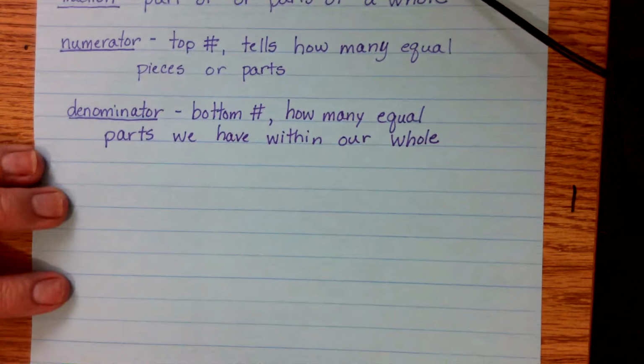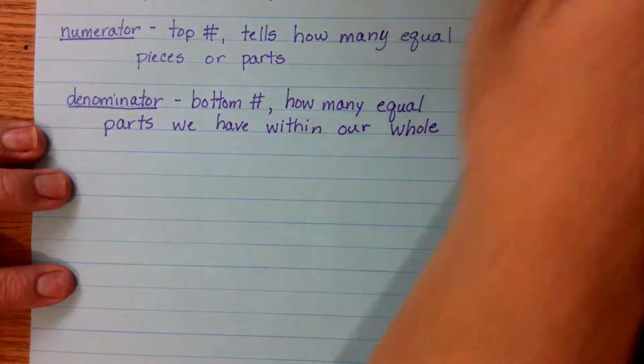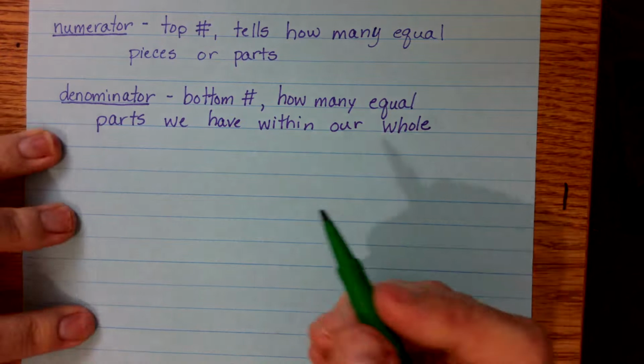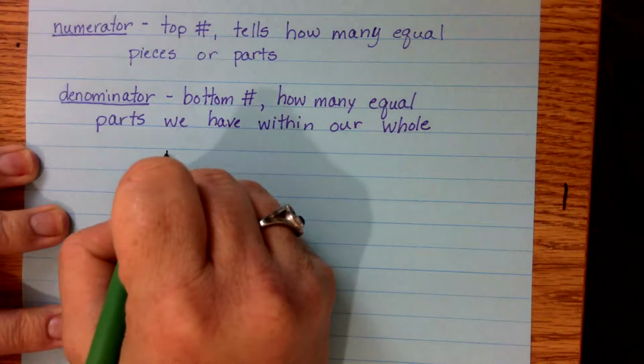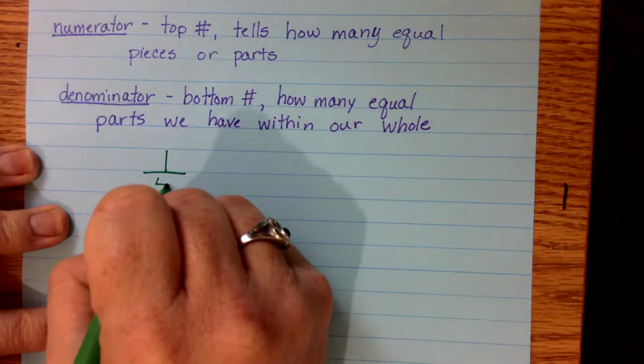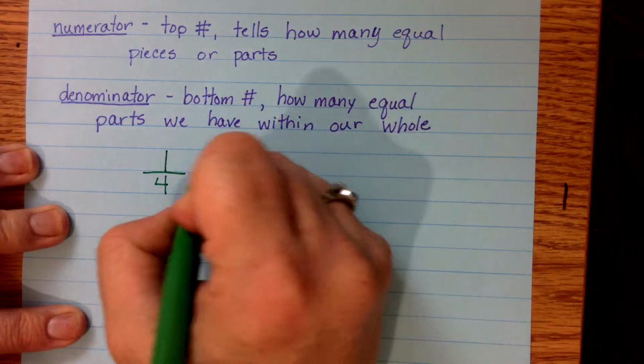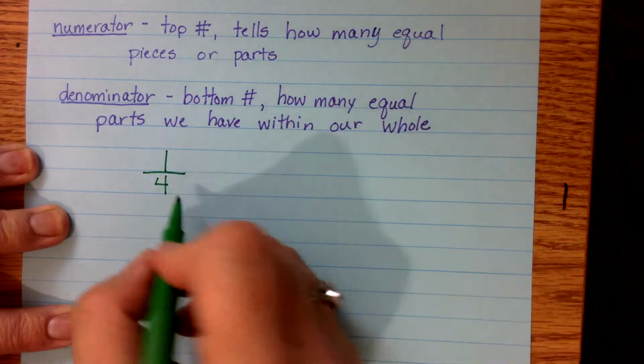Okay, so let's look at an example and let's label an example and draw a model. The first thing I want you to see is if I have 1/4, what this is telling me is that I have one part out of 4.